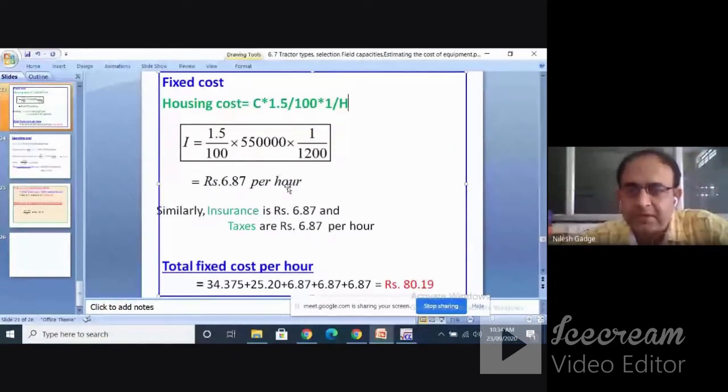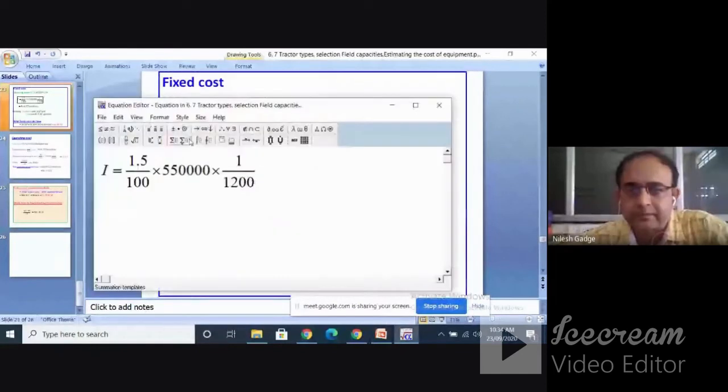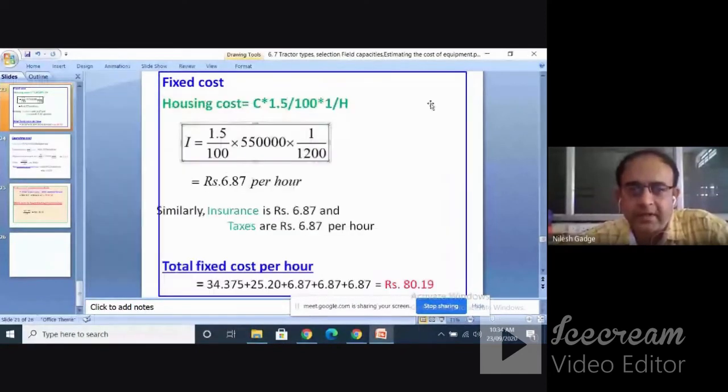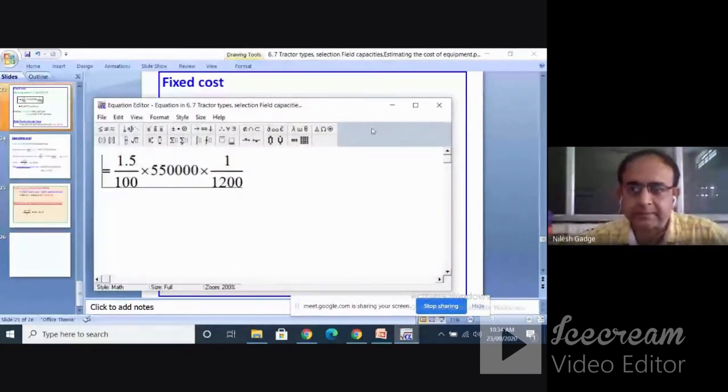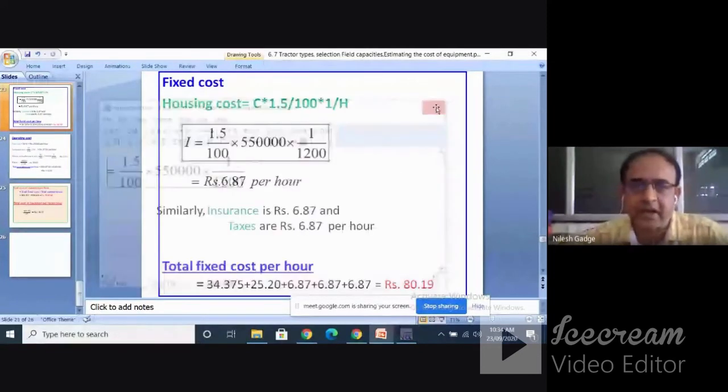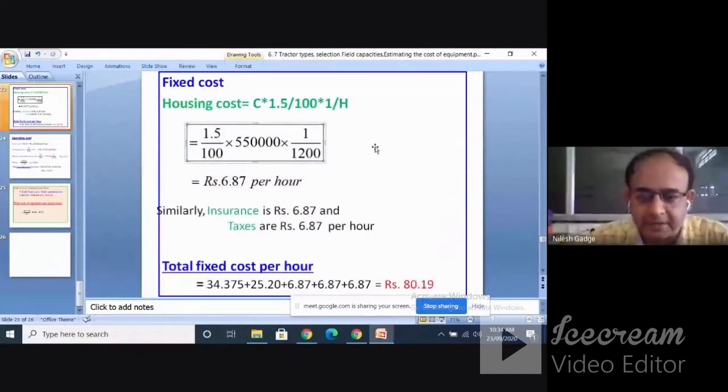We know that working hours are 1,200, and if all these values are put in, then it is not the interest, actually we are calculating the housing. This is the housing, and it is coming 6.87.